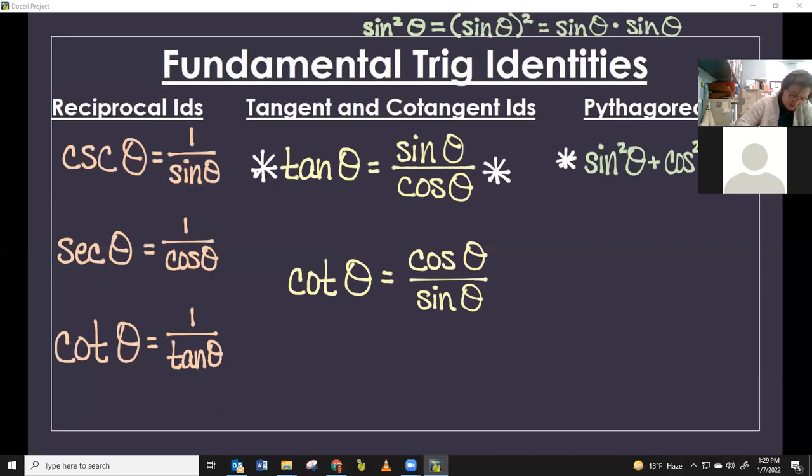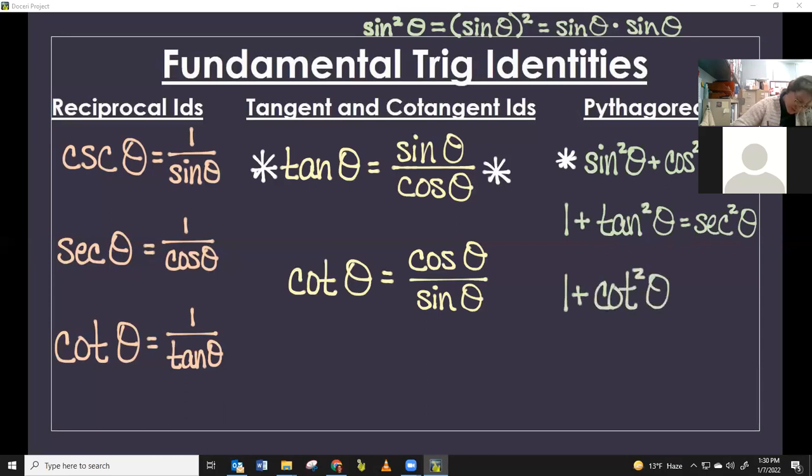There are 2 other Pythagorean identities. One plus tangent squared theta is equal to secant squared theta. And 1 plus cotangent squared theta is equal to cosecant squared theta.